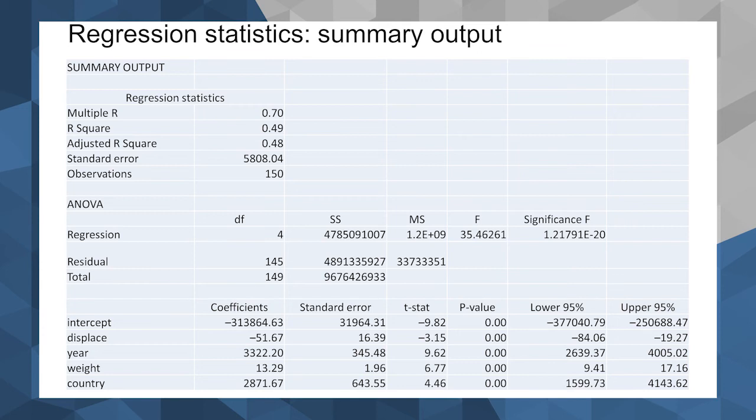Beta 3 is 13.29 multiplied by the weight of the car. And beta 4 in this case is 2,871.67 multiplied by the country where the car comes from. Obviously the country will have been given a number for each country of origin of the car. And that's how we use regression, and we can now predict, as I said, for any car that we want. Okay, so that concludes the first part, which is the forecasting.